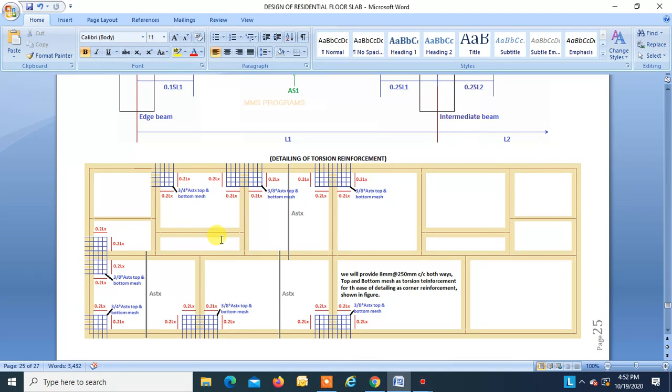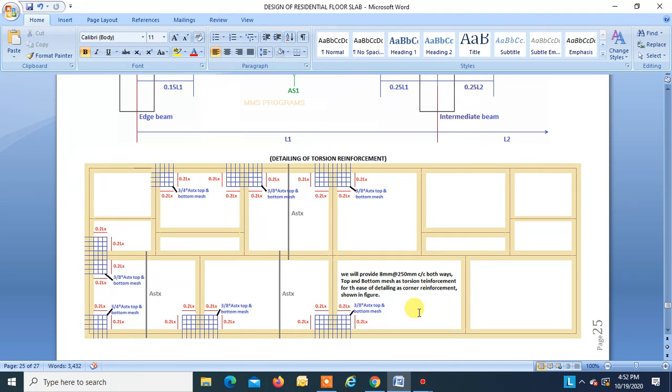So if you try to give different steel for different corners, then it will become a little bit difficult for the wire binder to place the steel. So for the ease of detailing, you can just give the same spacing and area of steel required at the corners. Okay, so it's up to the designer. He may follow this or he may not follow.